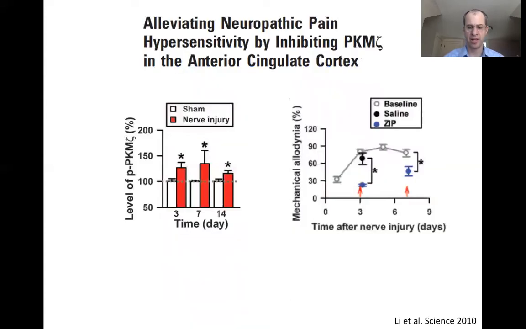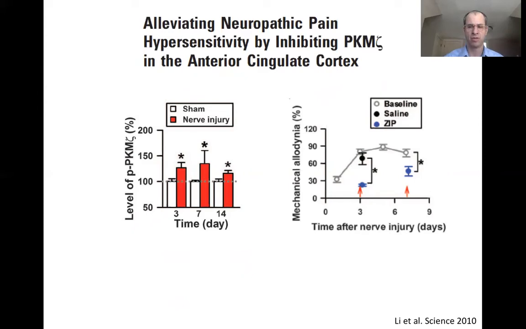And the activation in these other areas of the brain that are primarily involved in this affective component of pain that I mentioned earlier can be quite important in pain responses. And so this is an example of molecular changes in the anterior cingulate cortex, so one of these limbic regions.